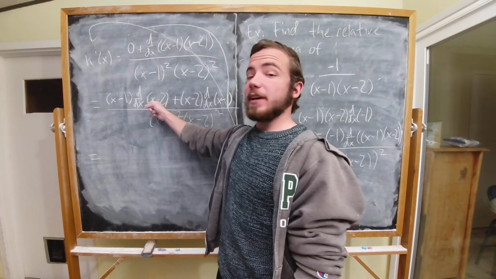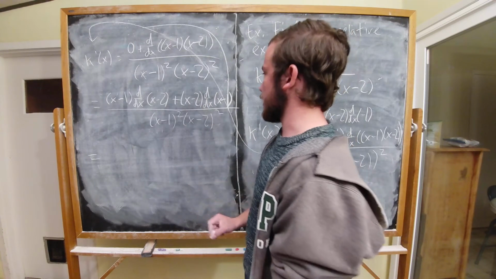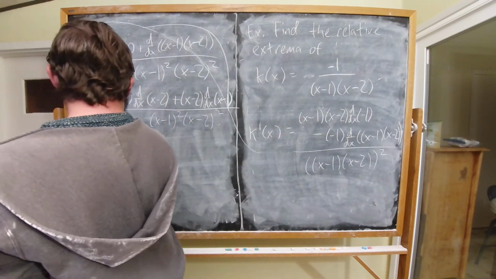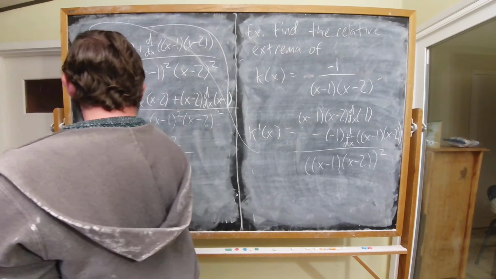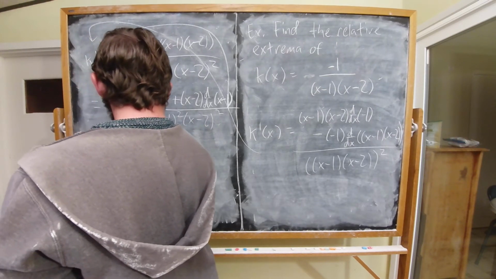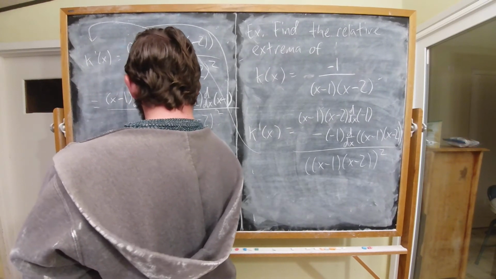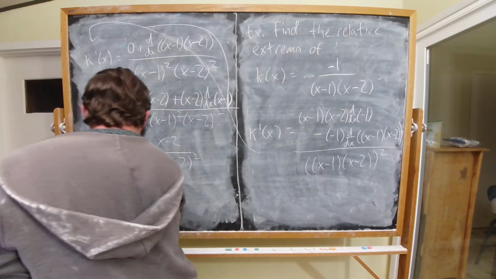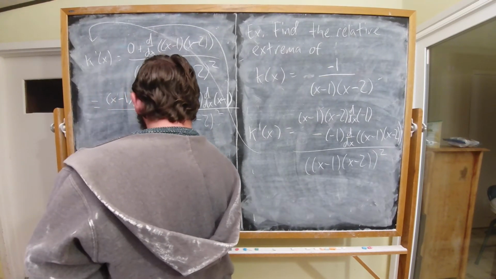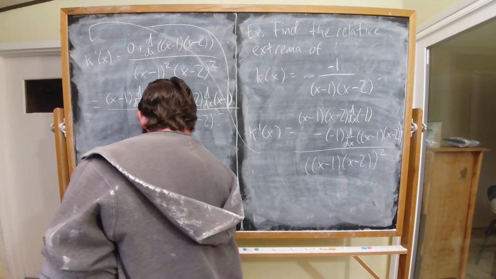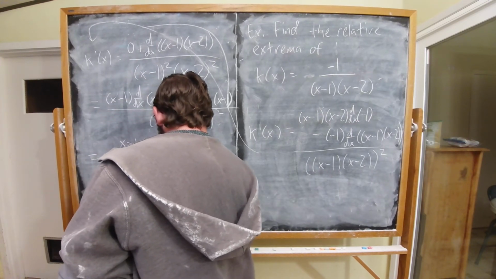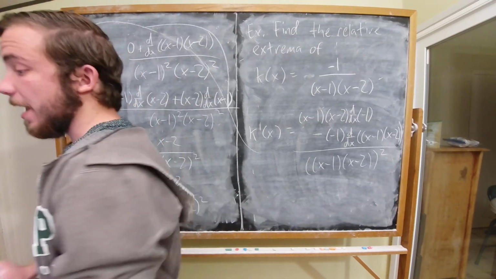Derivative of this whole thing is going to be 1. Derivative of this whole thing is going to be 1. So it's x minus 1 plus x minus 2 divided by x minus 1 squared times x minus 2 squared, which is 2x minus 3 divided by x minus 1 squared times x minus 2 squared.